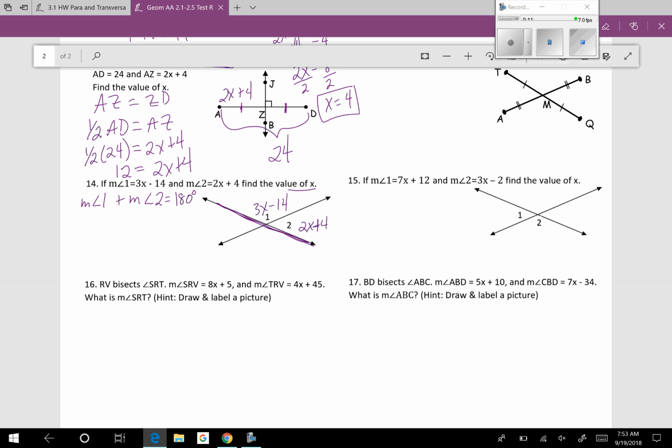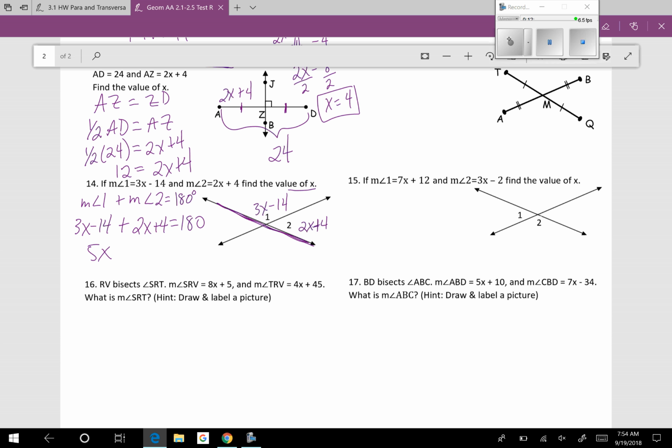So we're going to plug in here. For the measure of angle 1, they told us it's 3x minus 14. And then plus, and now measure of angle 2 is 2x plus 4, and that's equal to 180. All right, now we've got to combine like terms and then start to get our x's alone. So we have a positive 3x and a positive 2x. What are those two together? 5x. And then you have a negative 14 plus a positive 4.